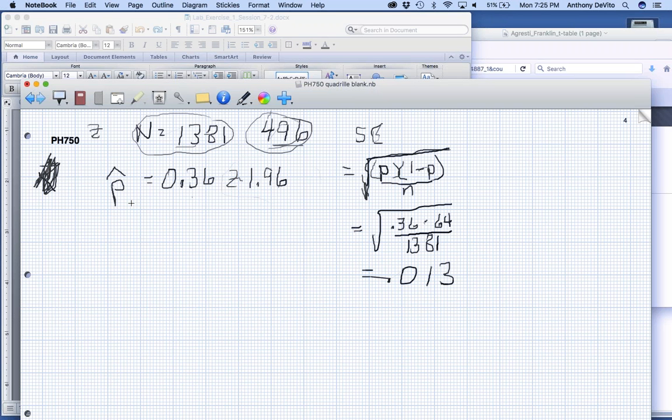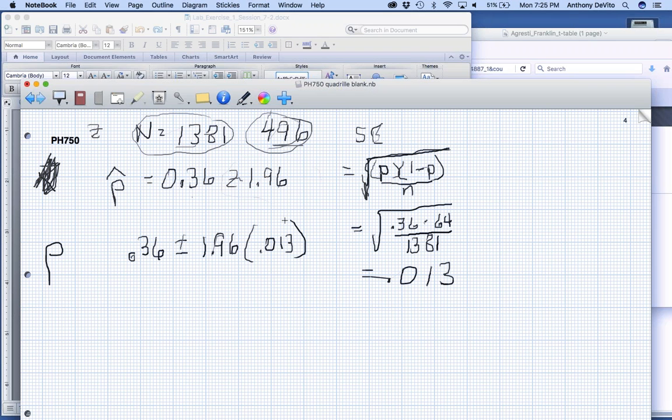So what is my 95% confidence interval for the true proportion p? Well, it's going to be equal to 0.36 plus or minus 1.96 times 0.013.